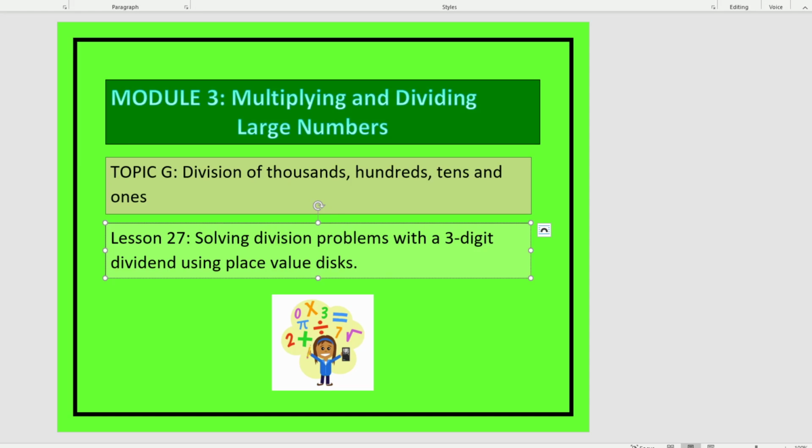This is lesson 27 in module 3, solving division problems with 3-digit dividends using place value disks. For our first problem, we're going to look at 423 divided by 3.